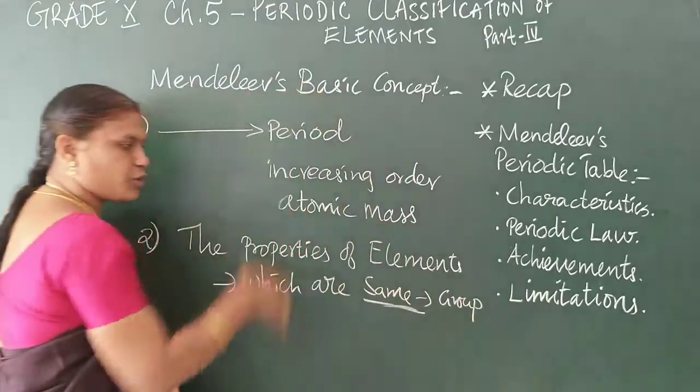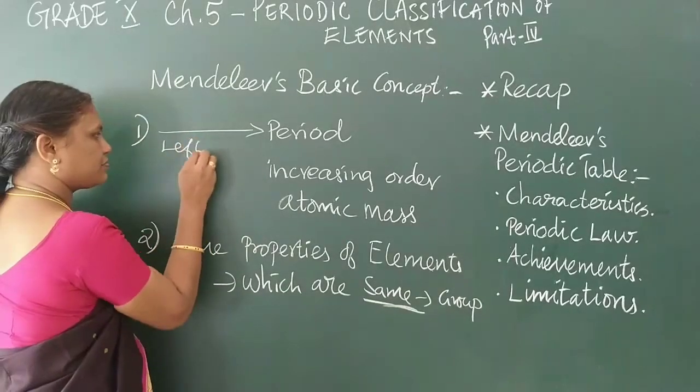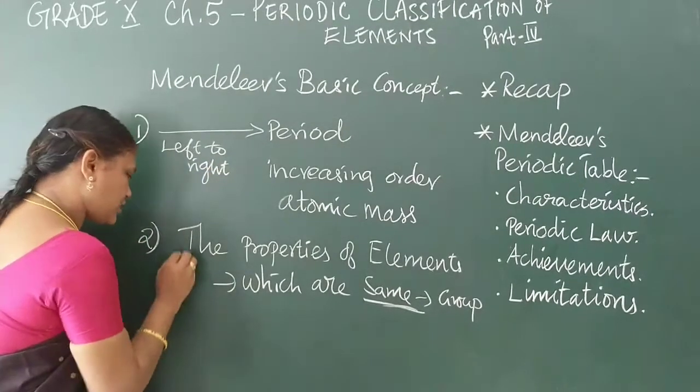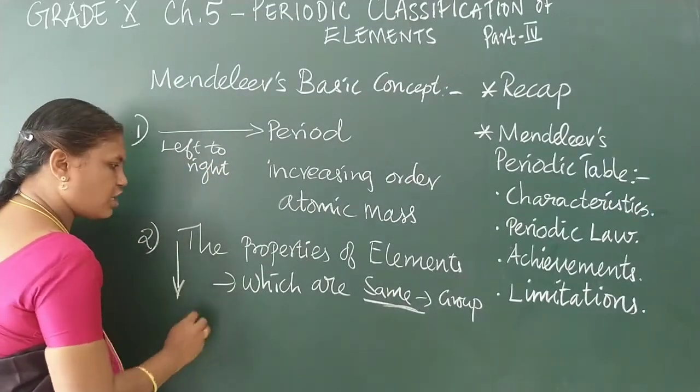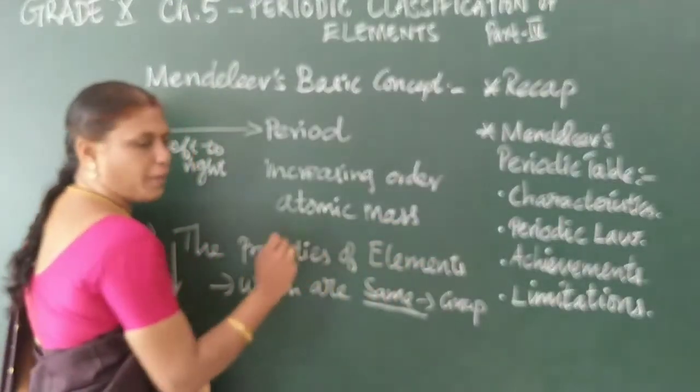He has grouped from top to bottom. So this is from left to right, and from top to bottom he has grouped the elements with the same character, similar properties.